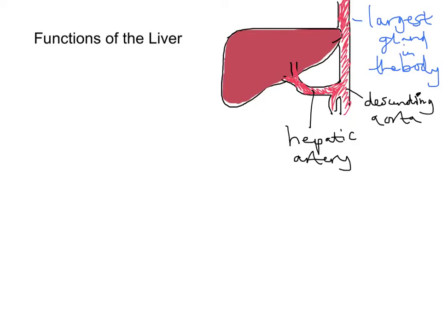So blood enters via the hepatic artery, but there is also entry of blood from what's called the hepatic portal vein. So this blood vessel here is called the hepatic portal vein.